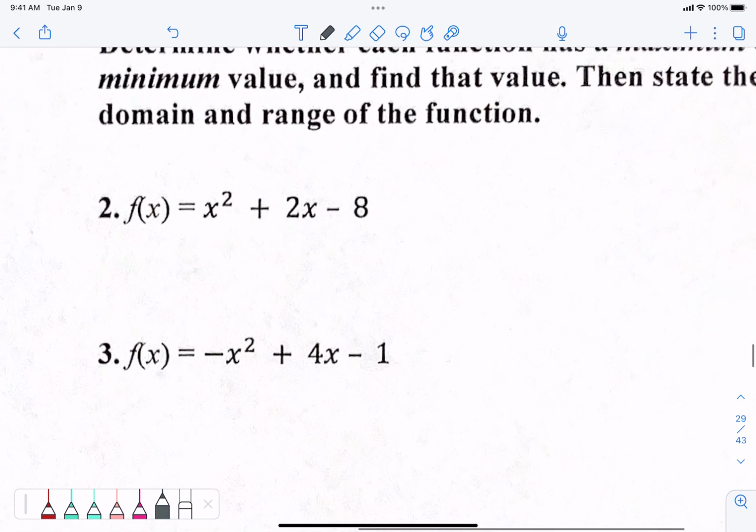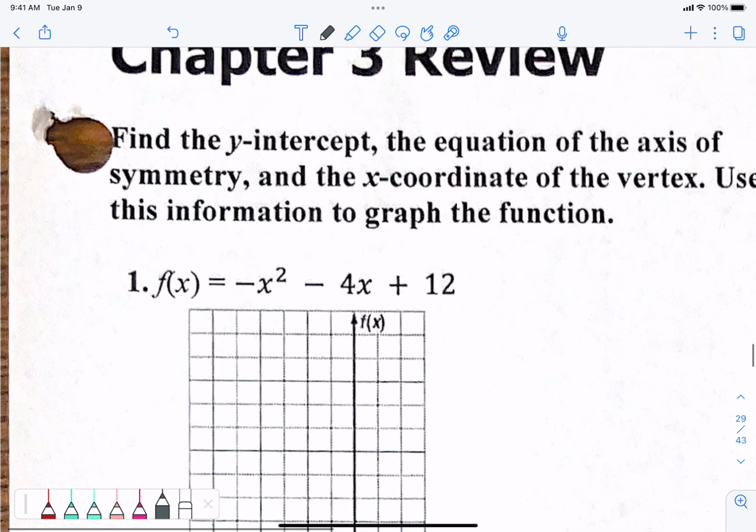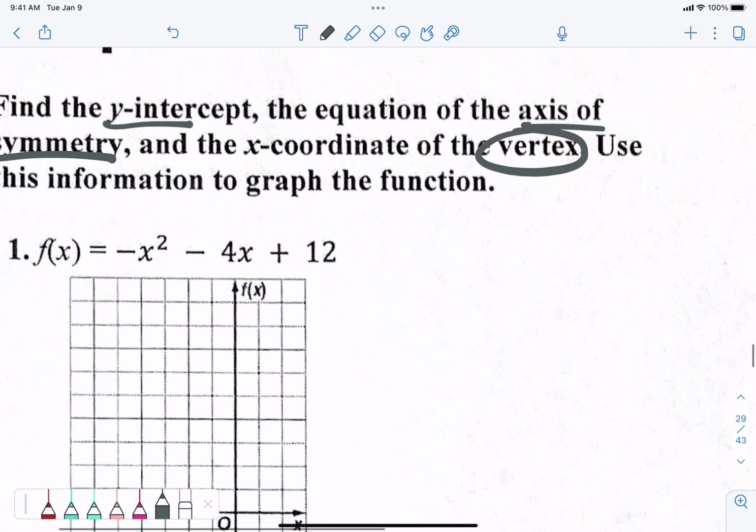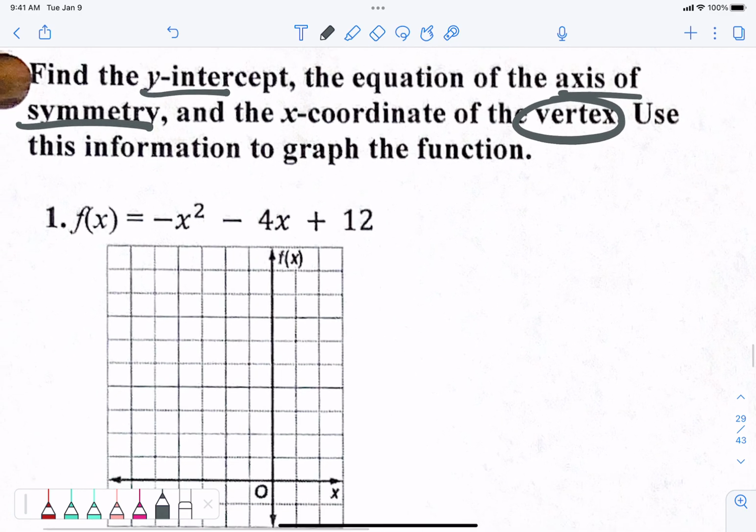So number 1, number 2 and number 3, whatever, we're just finding the y-intercept, the axis of symmetry, the vertex, and then using this information to graph the function of number 1. So those 3 things are what we need. And this one does not involve shading because it's only equal to and not a less than or greater than.